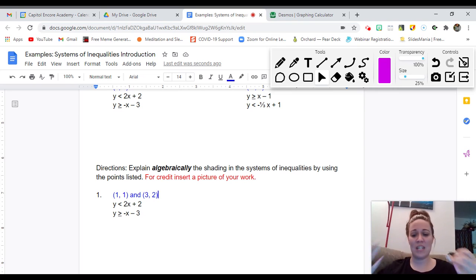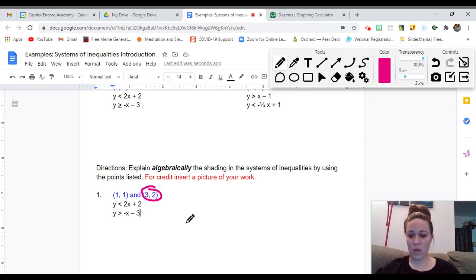But again, you just need to have the understanding, and we're going to be showing it algebraically. So we have shown above why 1 was a point and 0 is a point. We're going to take it one step further, and we are going to show why another point is true. Okay, and that point we're going to use is 3, 2.